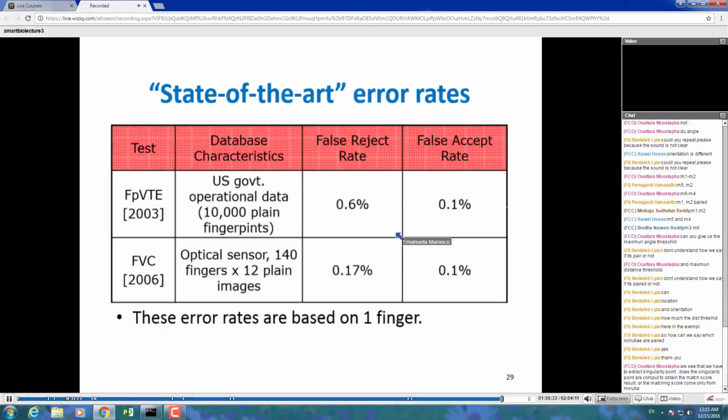We have two different levels of features that we extract from the finger. So two different kinds of information, right?